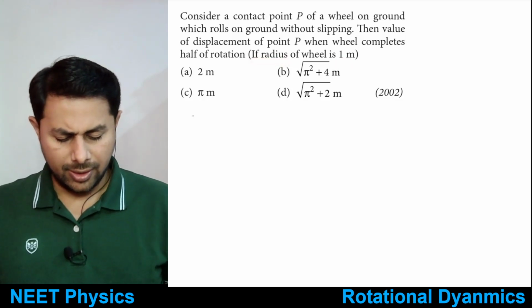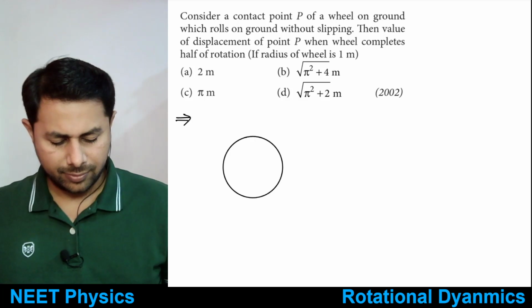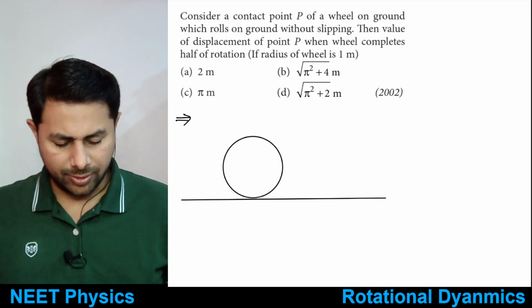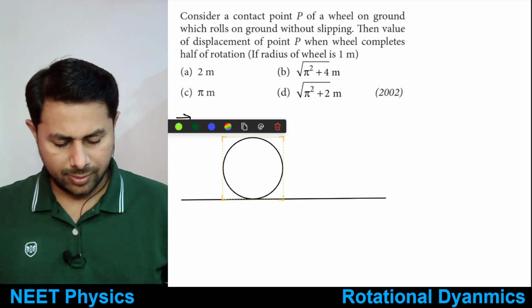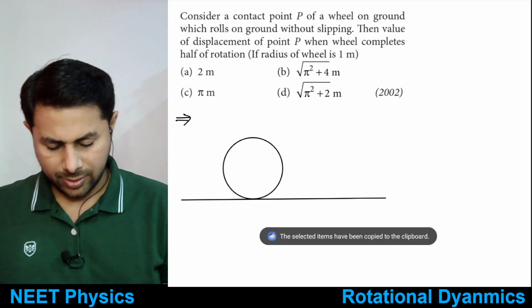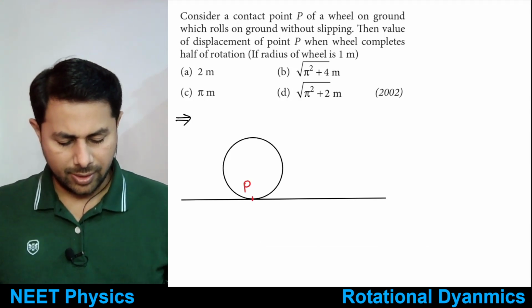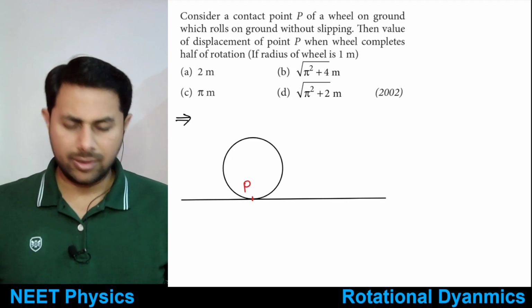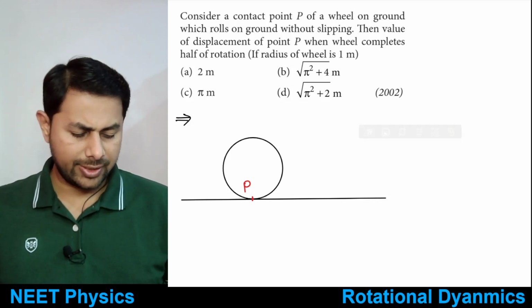What would be the displacement of this point P which is in contact with the floor when the wheel completes half rotation?